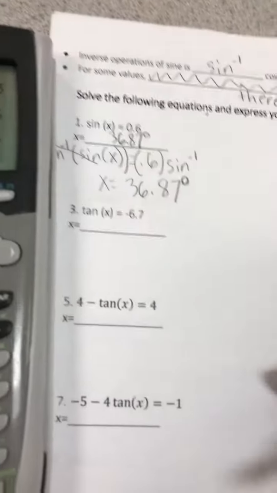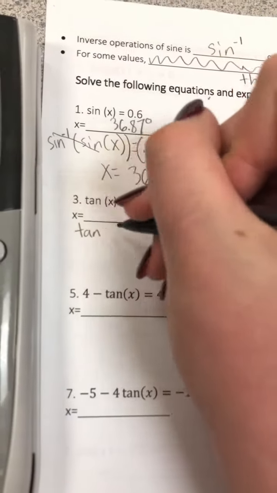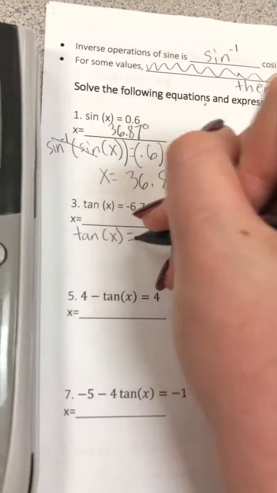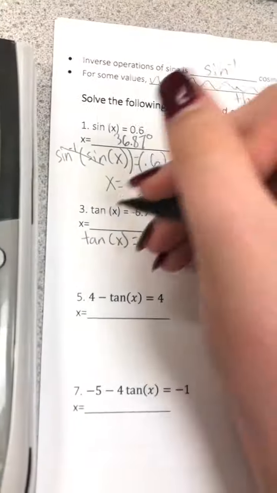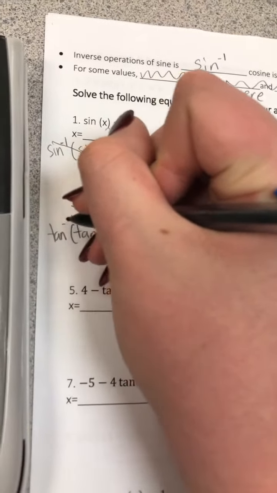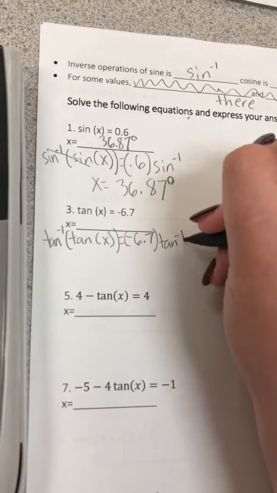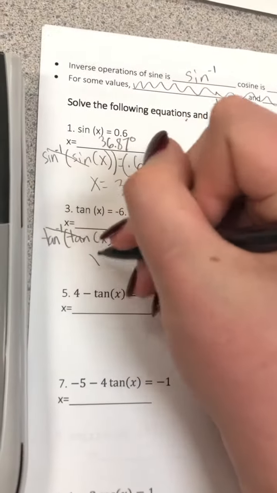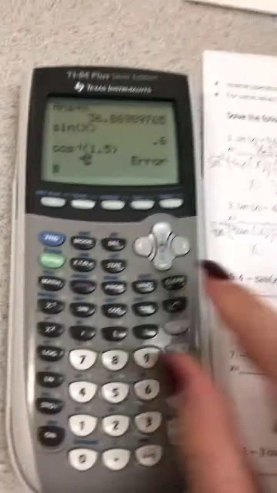For number 3, it's kind of like number 1. Got tangent of x equals -6.7. We're going to take the inverse tangent of both sides. I'm left with x equals, I've got to figure out this value.